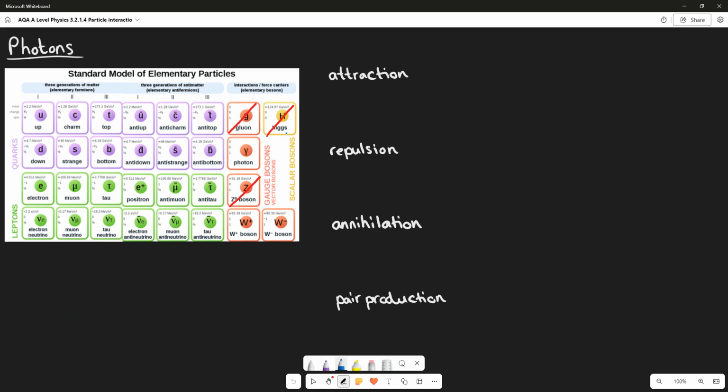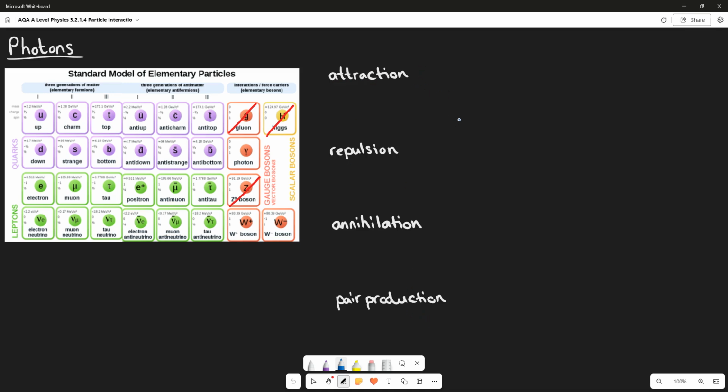So that's why it's easy to remember the photon, which is an electromagnetic wave, is the force carrier for the electromagnetic force. So let's have a look at some simple diagrams to demonstrate what is going on when the following things are occurring.